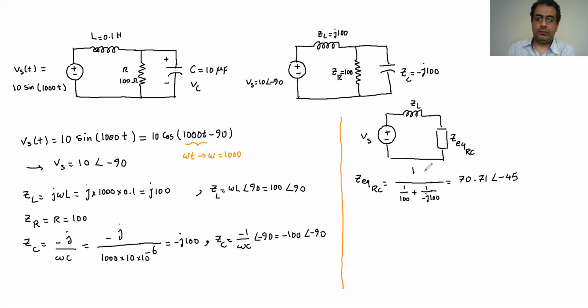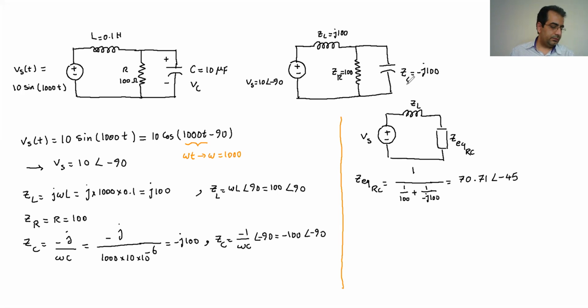Or you can do the calculation manually, the same as before. So this is the equivalent that we have. Whatever voltage is in the equivalent one is the same as the voltage in each of the original ones, ZC or ZR, because they are parallel.